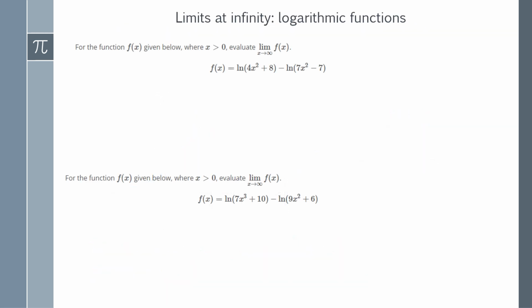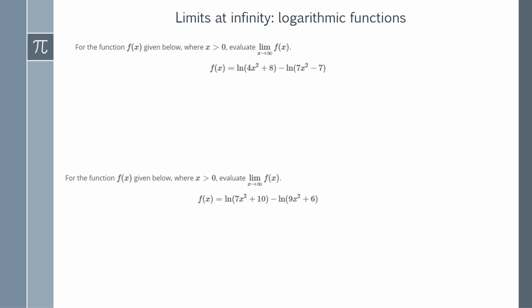Now let's take a look at some problems where we're asked to evaluate limits at infinity of logarithmic functions. First, we would like to compute the limit as x goes to infinity of the function natural log of 4x squared plus 8 minus natural log of 7x squared minus 7.